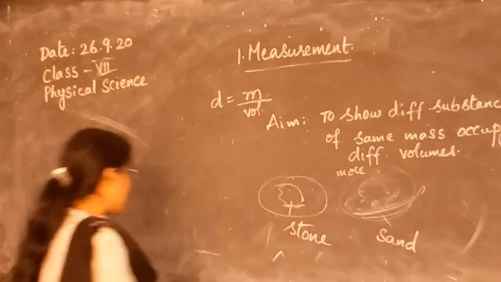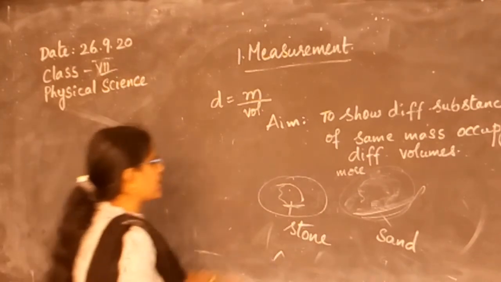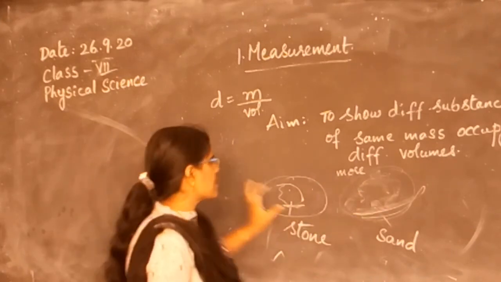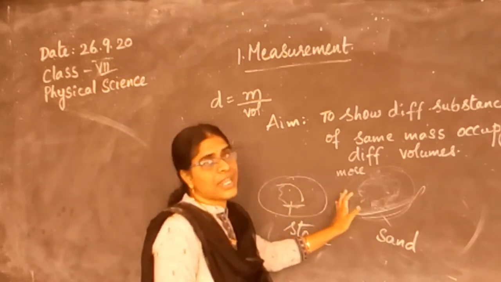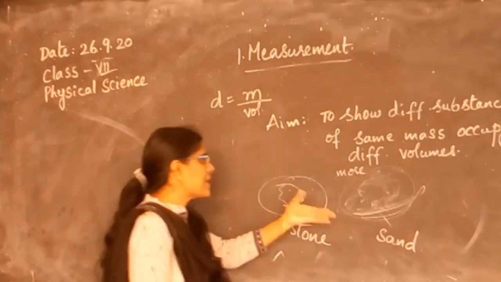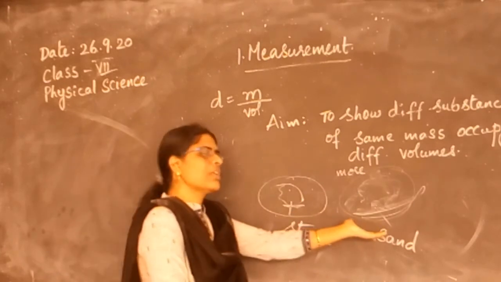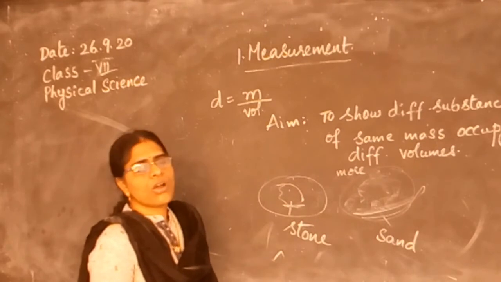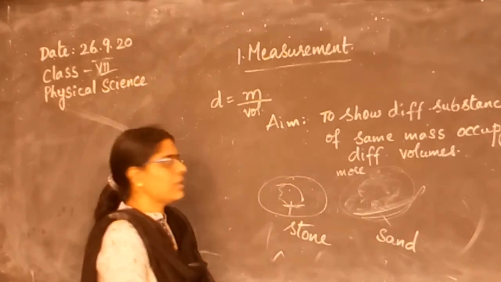Now, can I say that different substances are there, like stone is one substance, sand is another substance? Different substances, but the masses are the same. How can you tell, teacher, that masses are the same? See, in one pan we are placing a stone and in the other pan sand. When does the beam become horizontal? If both the masses are equal.